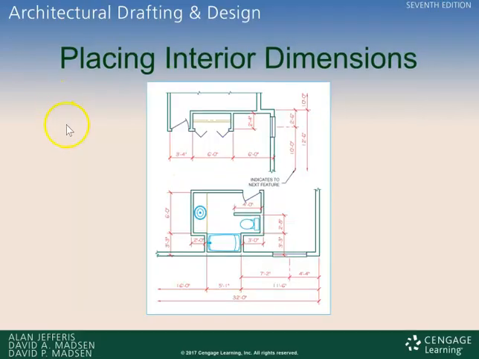When it comes to placing of interior dimensions, it's all about the size and the location of the thing that you are measuring. Here we can see that this dimensioning has been done to the face of stud, and at least if one is done right, we can assume that it's going to even up and catch each one.